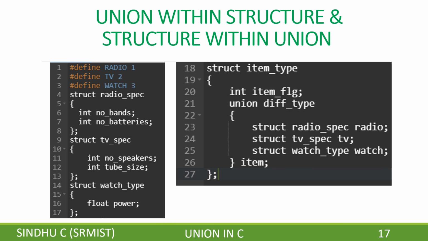So there are possibilities where you can use union within structures and structures within union. So you can see that inside item type structure, you have a union, and inside diff type union, you have three structures. So this nesting is possible.